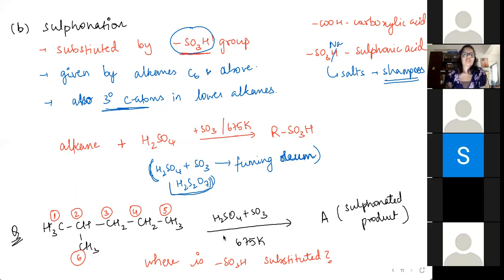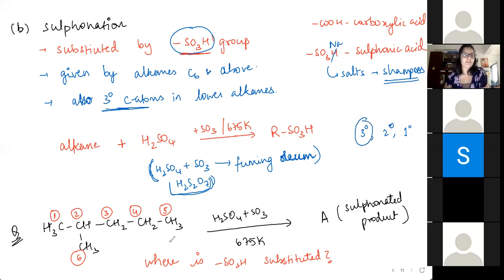Okay. So substitution means any hydrogen can be substituted, right? What is the order of reactivity between the different types of carbon atom that we learned? Here you have tertiary, secondary, and primary. So the rate of substitution, which would be most preferred amongst these three? Tertiary. Right?